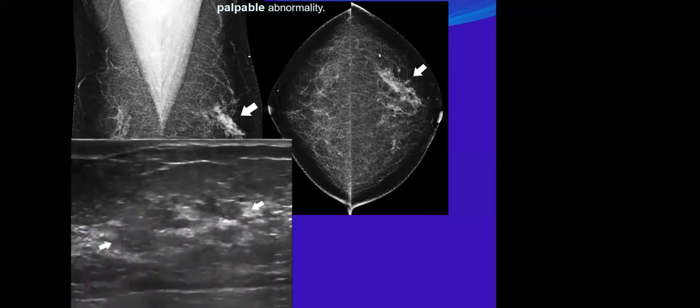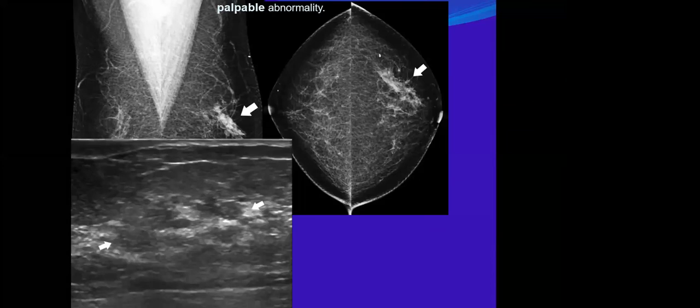Excellent. This is the ultrasound. It is ill-defined, mixed echogenicity, hyper and hypoechoic areas. So what does it mean? It means a fatty lesion. Why is it a fatty lesion?